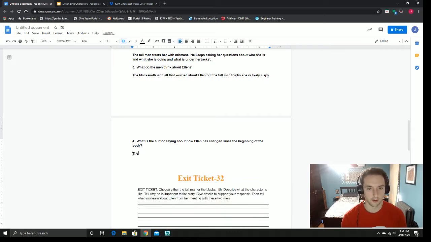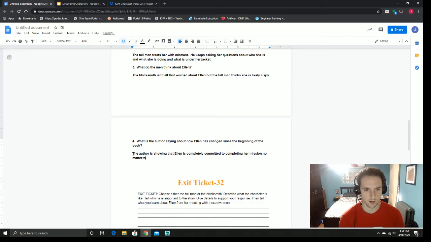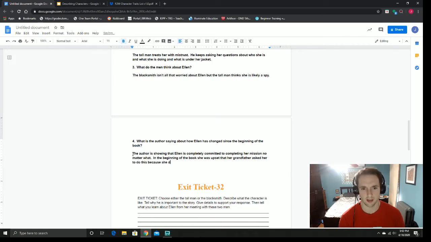And so I think the author is showing that Ellen is completely committed to completing her mission, no matter what. It's asking how she changed, which you say in the beginning of the book, she didn't think, she was upset that her grandfather, doesn't need to be capitalized, it's not his name, grandfather asked her to do this because she didn't think she would be able to.